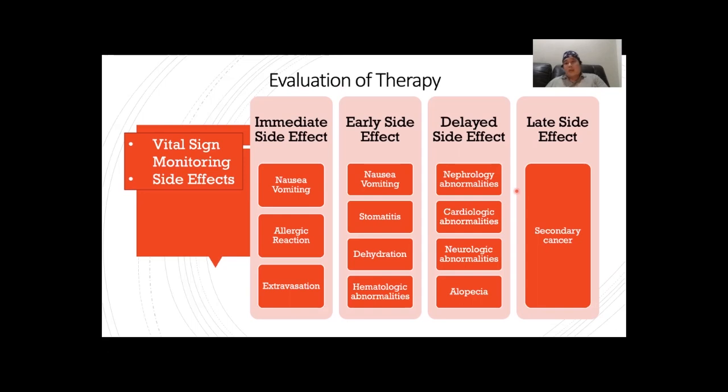You can have an immediate side effect like nausea and vomiting, allergic reaction, extravasation of a chemotherapy agent, early side effect, delayed side effect, even late side effect. So this is not a one-time thing. You need to have a very logical and long understanding about side effects. So you need to be evaluated regularly and you need to report regularly.